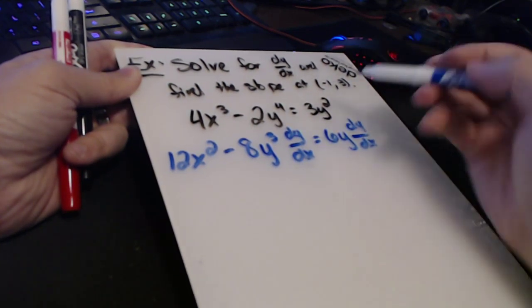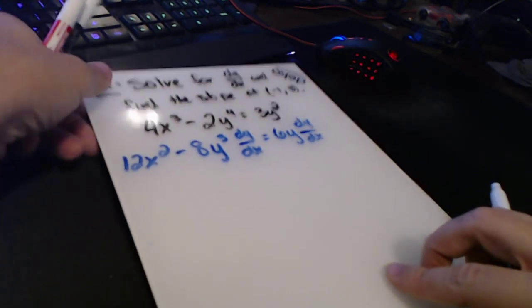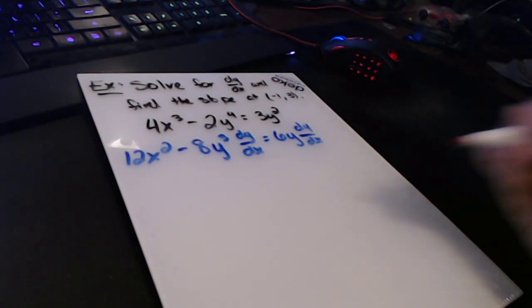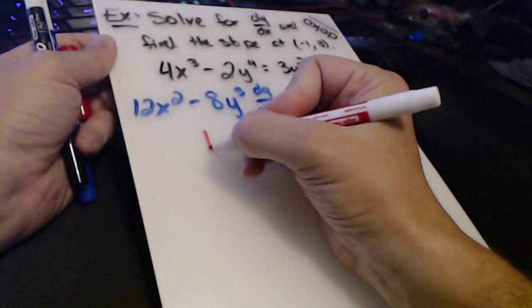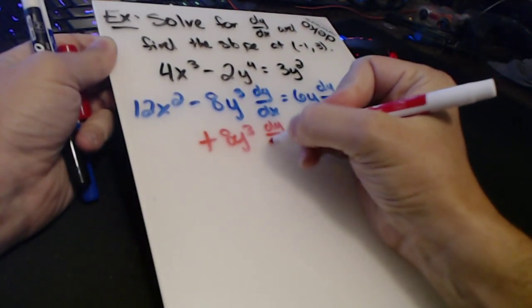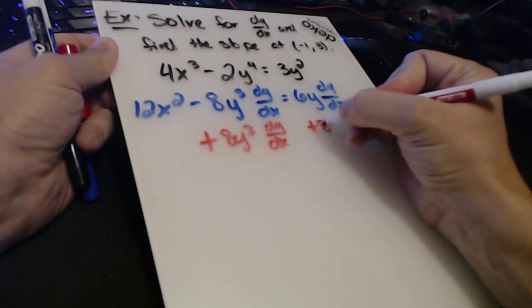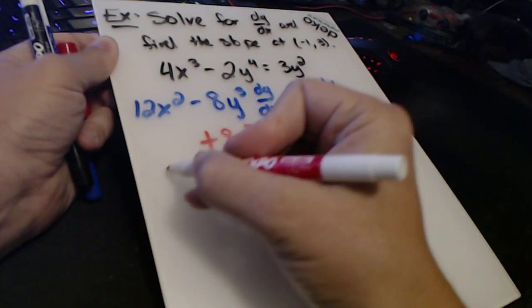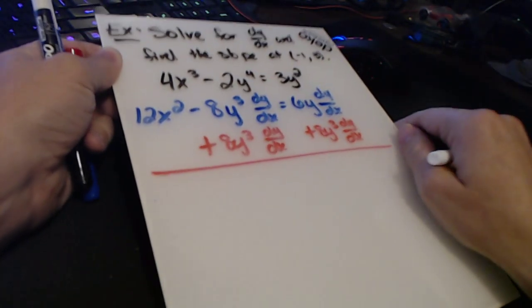So we want to get these two things on the same side, which isn't too bad for us. We're just going to go through and add that to both sides. So we're going to say plus 8y cubed dy dx on both sides, and we have our one giant addition problem.